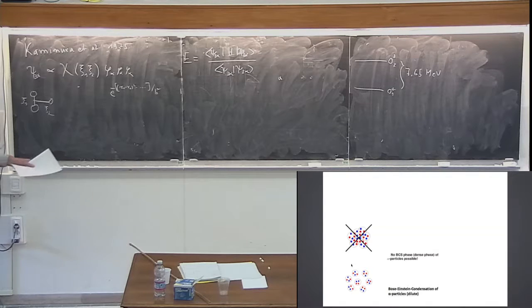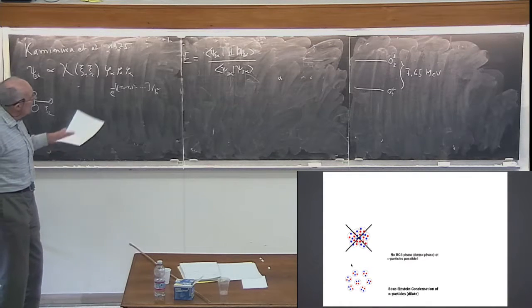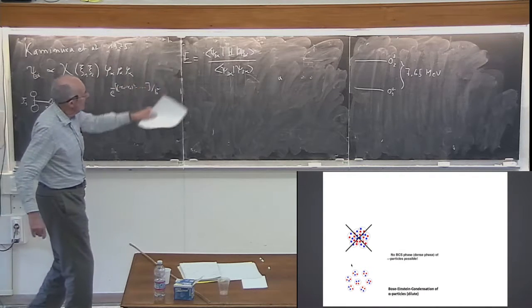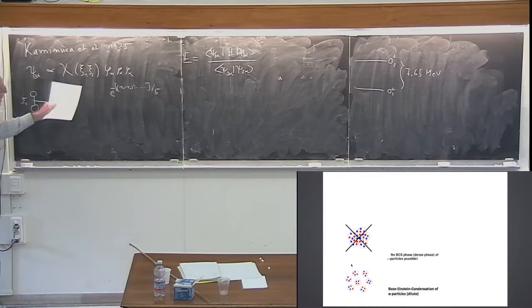I don't want to go into the details here, but they minimized this expectation value with respect to the unknown function chi.